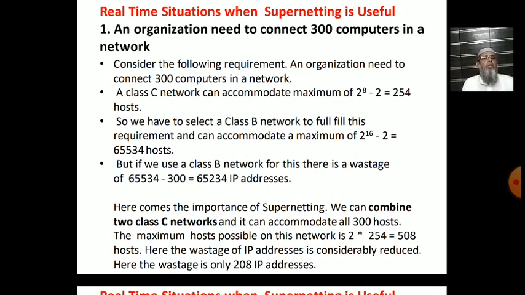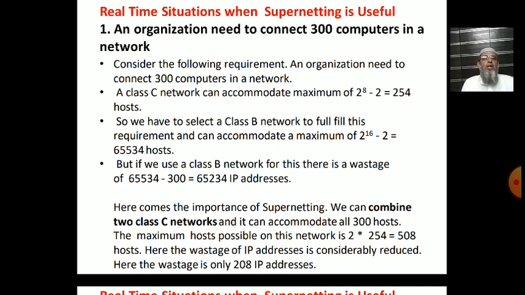Suppose you want to use 300 computers. For 300 computers, we can't use a Class A address, and we can't use a Class B address. A Class A network has about 16 million hosts, so if you use 300 machines, the rest of the IP addresses will be wasted.